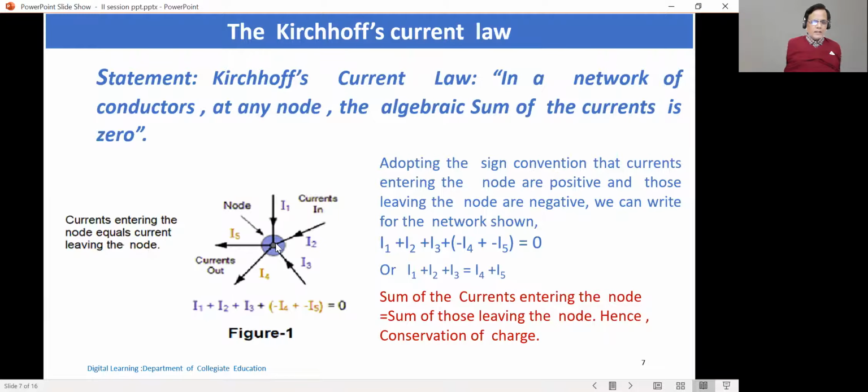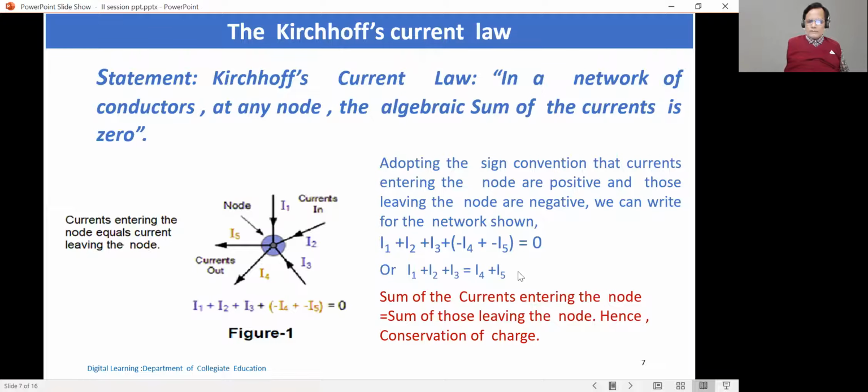I4 is going out, I5 is going out, therefore those two currents are taken with a negative sign. So we can write I1 plus I2 plus I3 minus I4 minus I5 is equal to 0, or we can write I1 plus I2 plus I3 is equal to I4 plus I5.